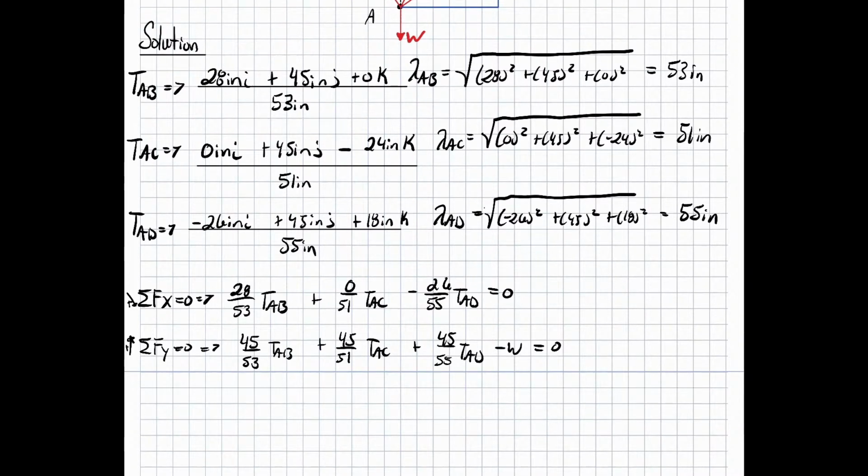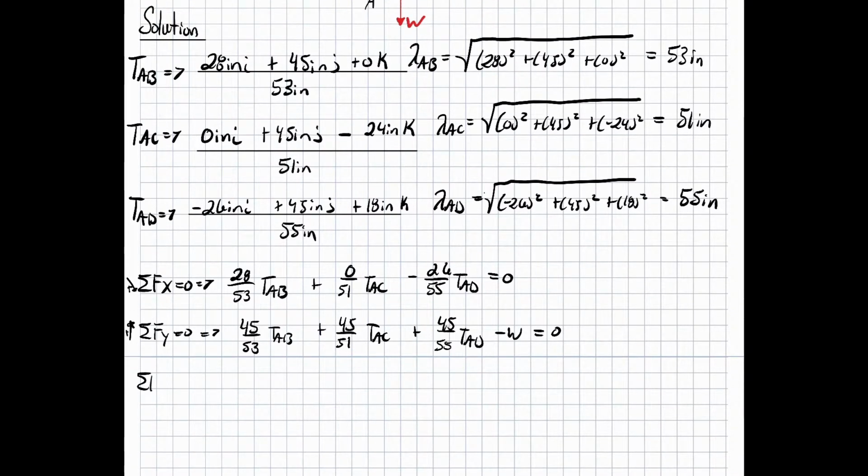Okay. All right, continuing on, now we do the z. Forces in the z direction equals 0. We have 0 over 53 tension AB minus 24 over 51 tension AC and 18 over 55 tension AD, all equal to 0. Now, we were given that tension AD is equal to 924 pounds.